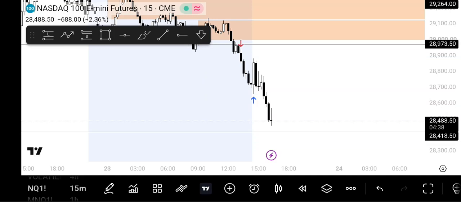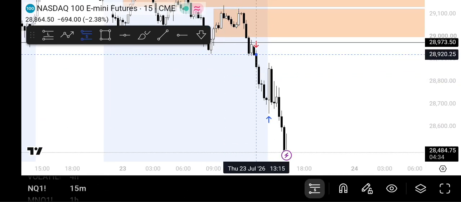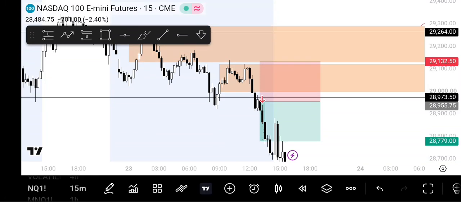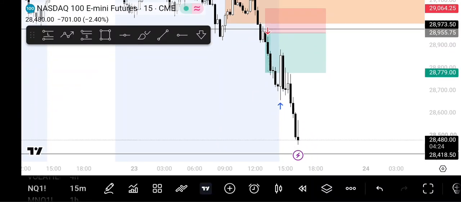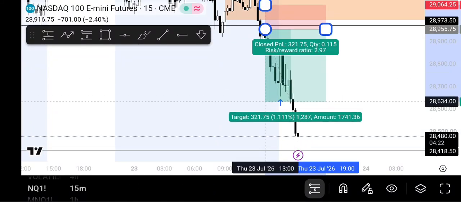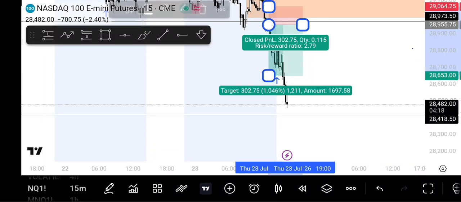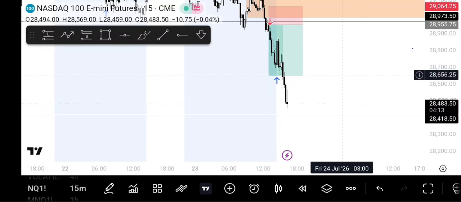So what I did was I just entered for my short position on this candle. My stop loss was here, around something like here, and then I closed my trade around here. So initially, you can see it's a 1 to 2 trade, made around $2,800 on this trade.